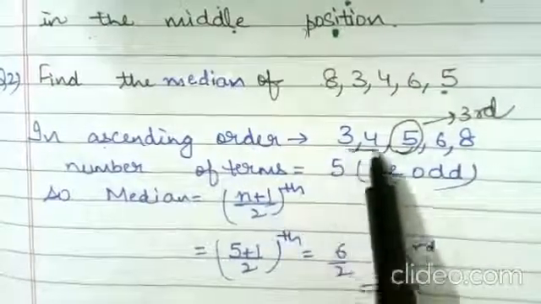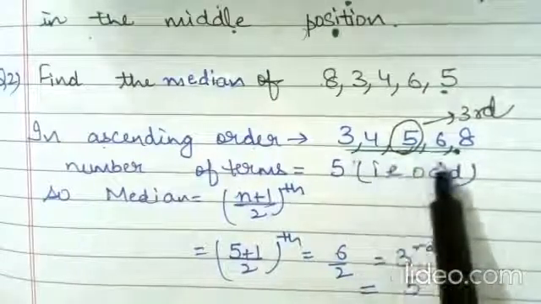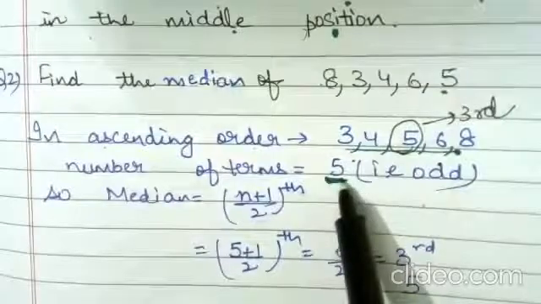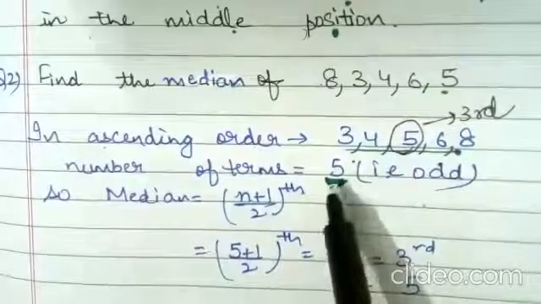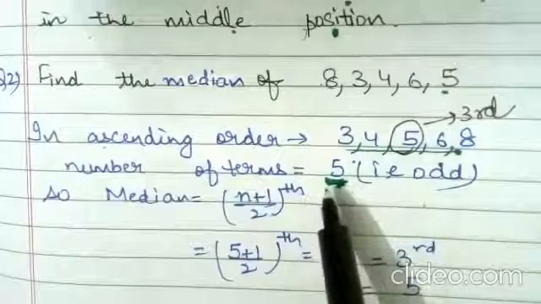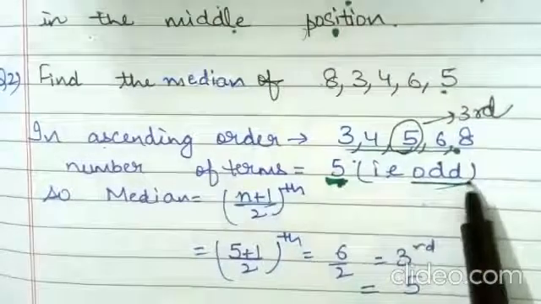Now let us count the number of terms, and on counting these are 5. Now 5 is not divisible by 2. It means it is an odd number.